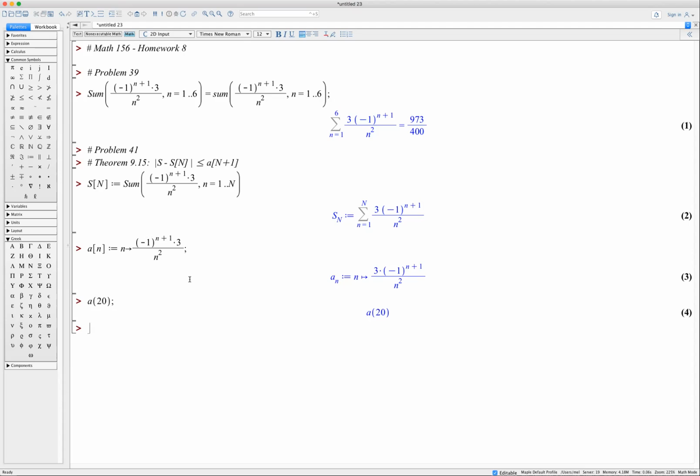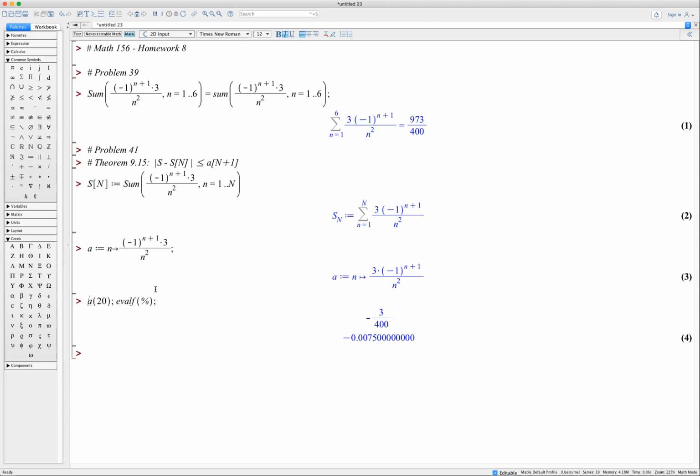What is this? Oops, this should be A. Okay, so A is this function. And A of 20 is minus 3/400, or 0.0075.